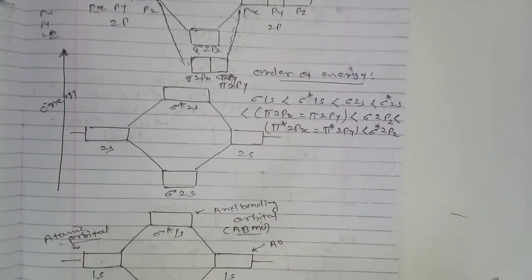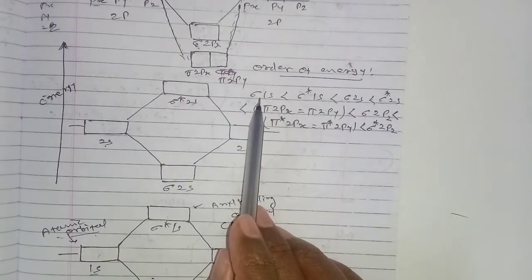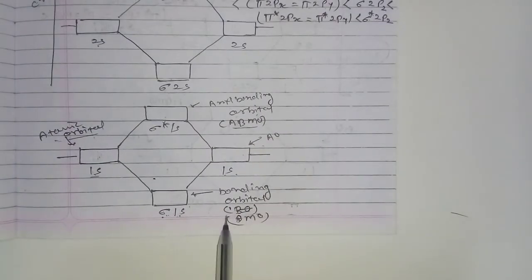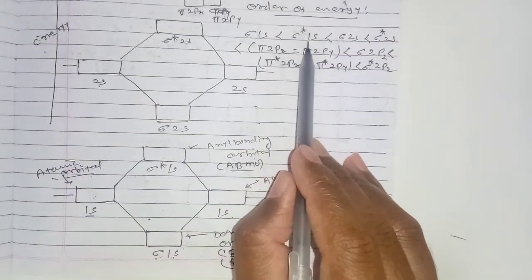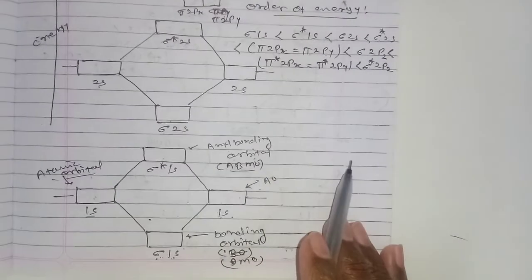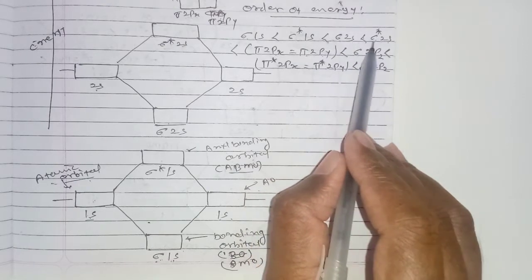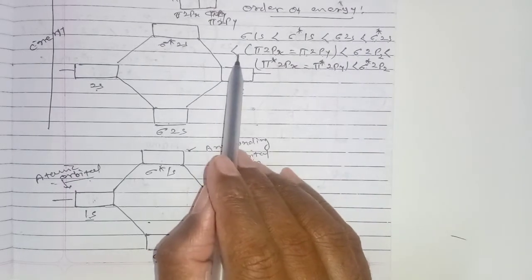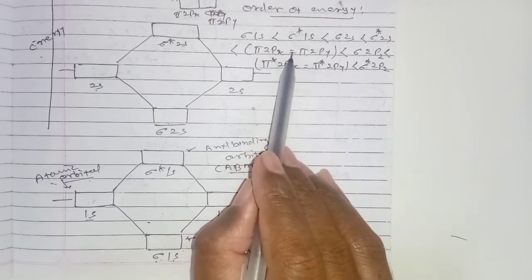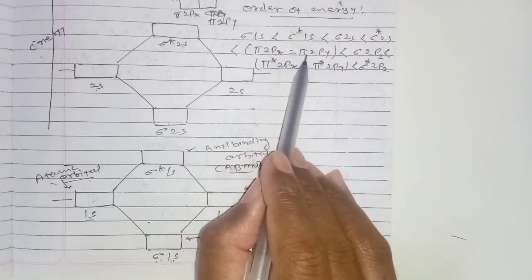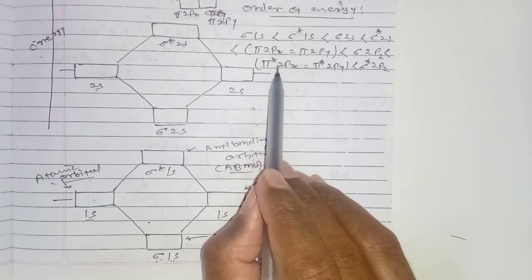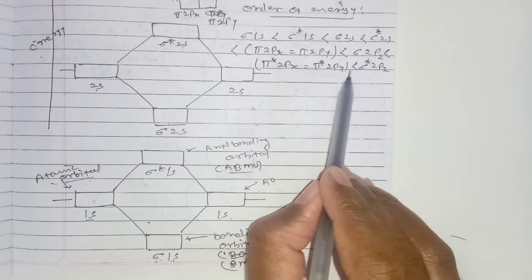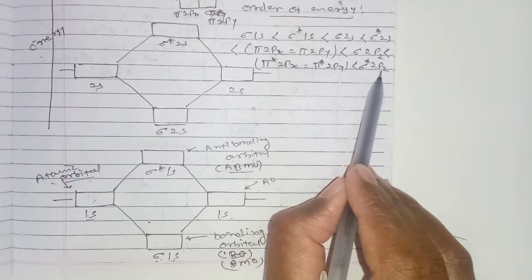Here the order of energy is: sigma 1s, the bonding orbital, is less than sigma anti-bonding 1s, the anti-bonding orbital, is less than sigma 2s, is less than sigma anti-bonding 2s, is less than pi 2px equal to pi 2py, which have nearly the same energy, is less than sigma 2pz, is less than pi anti-bonding 2px equal to pi anti-bonding 2py, is less than sigma anti-bonding 2pz.